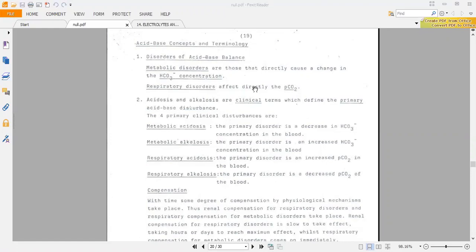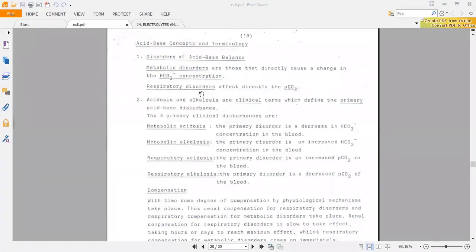I'm saying that later on we will see that we have some respiratory disorders, and then we see that the bicarbonate concentrations have been affected. Okay, the reason why the bicarbonate levels have been affected is because of a compensatory mechanism. The primary one is the partial pressure of carbon dioxide.